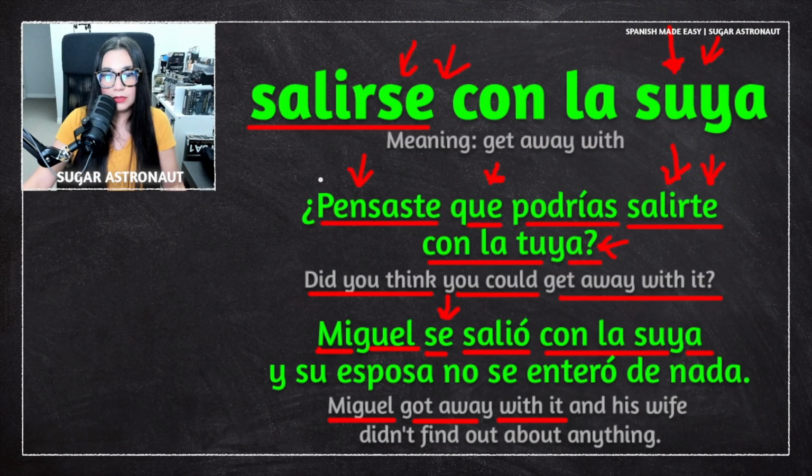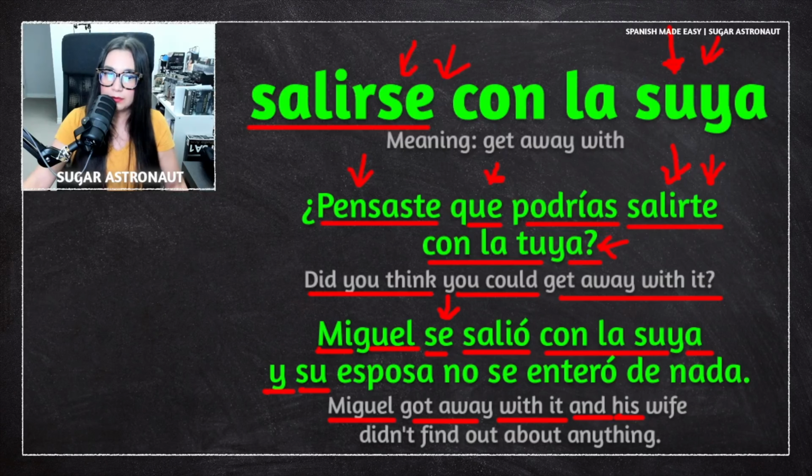So this whole phrase includes it, so you don't have to add anything else. You're talking about a situation already. E means and. Su means his, as I said before.